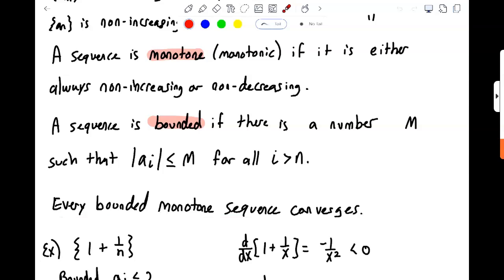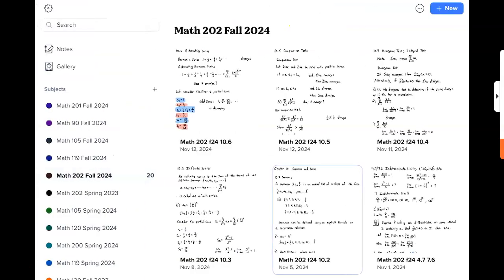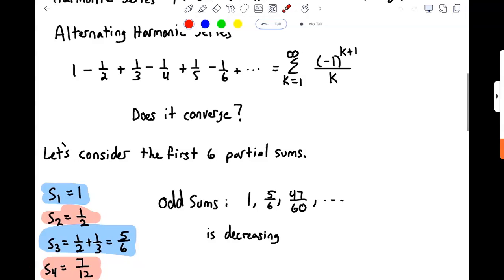So this sequence of the partial sums, the odd sums, is always decreasing, and it's also bounded. The absolute value of my terms is never bigger than 1. And so therefore that sequence is going to converge.